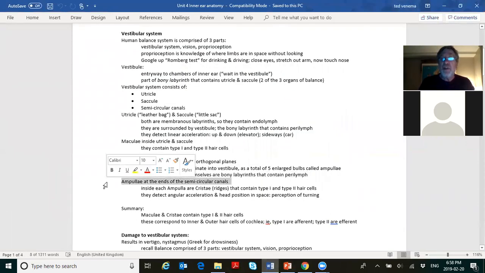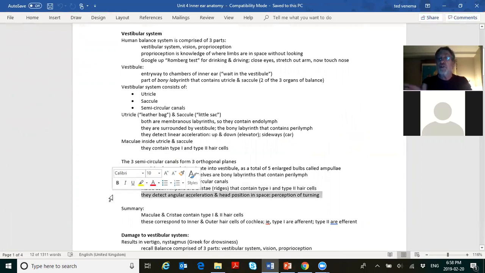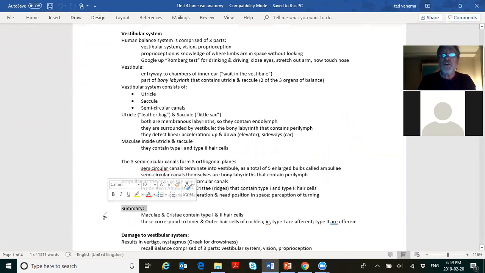Okay, ampullae at the ends of the semicircular canals. Inside each ampulla are cristae, ridges that contain type 1 and type 2 hair cells. They detect angular acceleration when you're going around a corner, and head position in space, perception of turning. So, summary, maculae and cristae contain type 1 and type 2 hair cells.